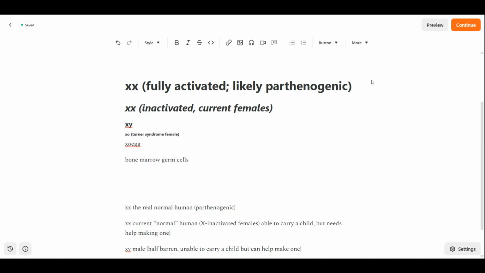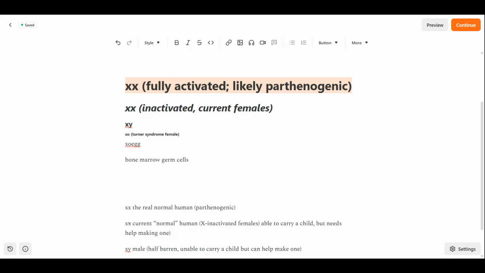Based on this claim that our norm is parthenogenic, what I am also claiming, the subtext of that, is that the parthenogenic individual is the normal organism for every organism type. That is what I am also claiming.